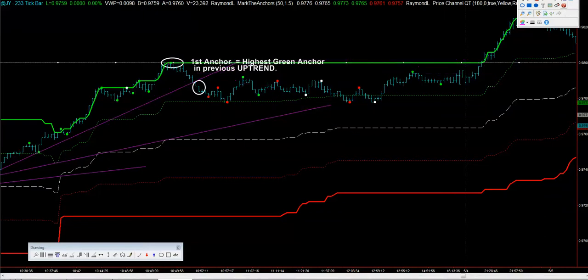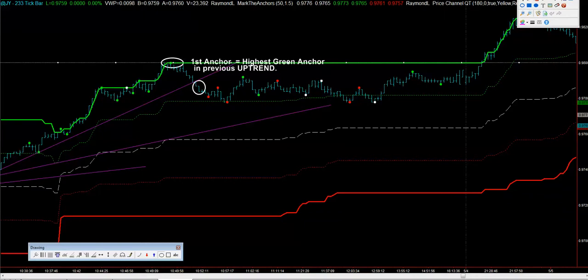Now we look for an upward trend line, and the rules say when you're drawing an upward trend line, either the previous downward trend line, had there been one, which in this case there isn't, or the horizontal trend line, which there is, has been broken. So that's the first point. Now the second point for an upward trend line is we mark the first anchor, which is the lowest anchor to be drawn in the previous trend line.